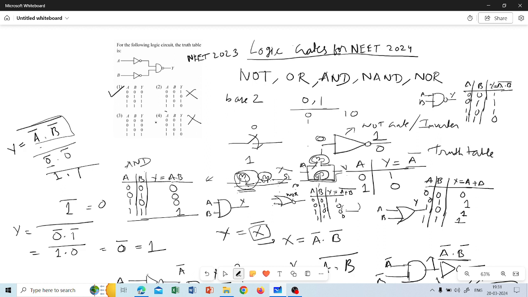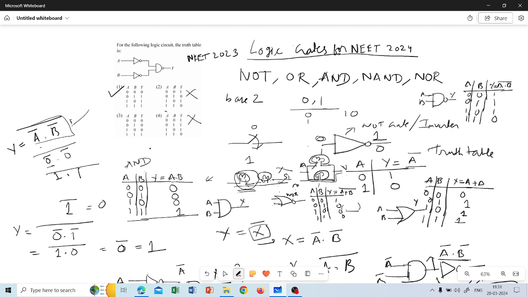This is how you solve the circuit and get the answer. This is how you get the truth table. If they had asked for the output expression, then this would have been the answer. You can simplify it further, but I am not going to do it.